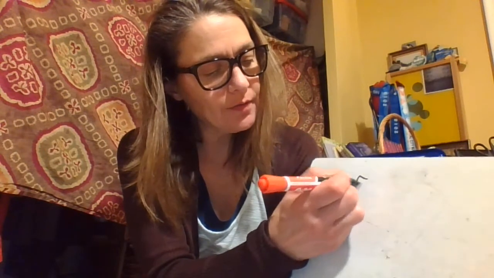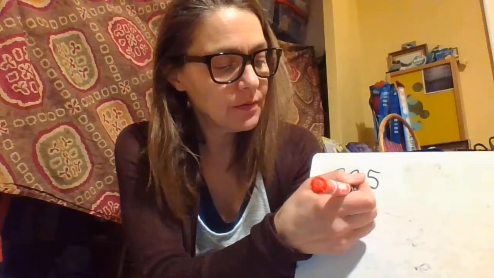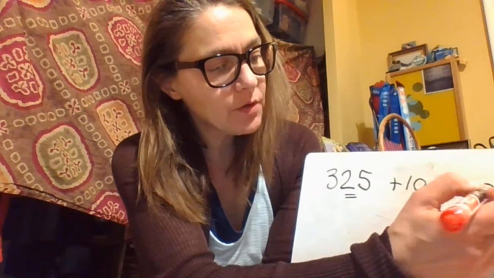So they give you an example in the guided practice, 325. If we want to add 10 to 325, we can think about what we know about place value, which digit is changing when we add 10, this one, the tens digit, and we will end up with 335.